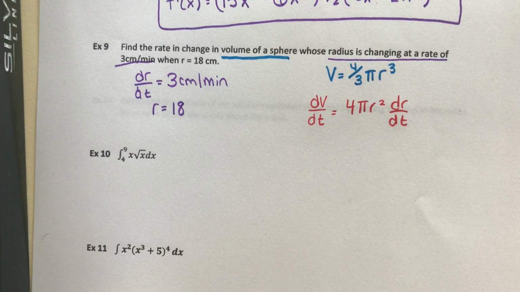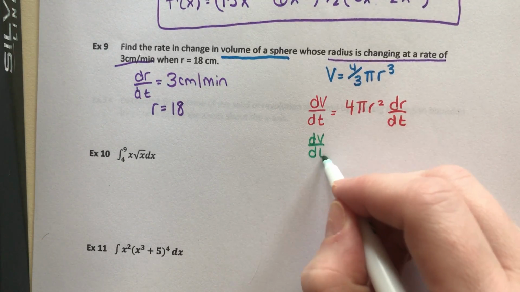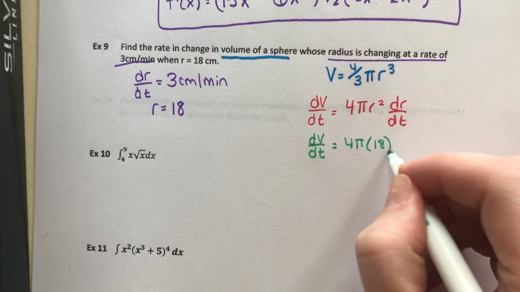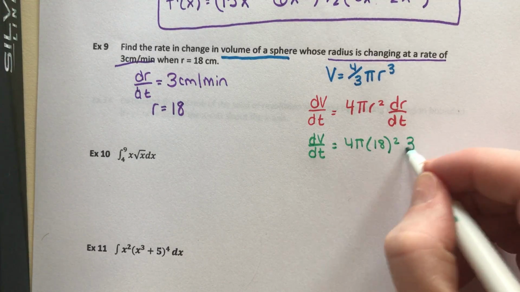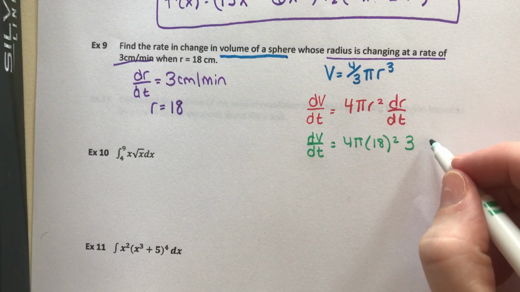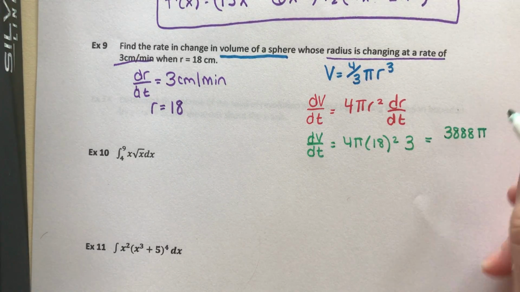Now I'm going to plug in. So I'm solving for dv dt, the rate that the volume is changing. I know the radius is 18, and I know dr dt is 3. So you can use your calculator to plug that in. Now if you have the Inspire, you're probably going to get an answer with a pi in it. So that's 3,888 pi.